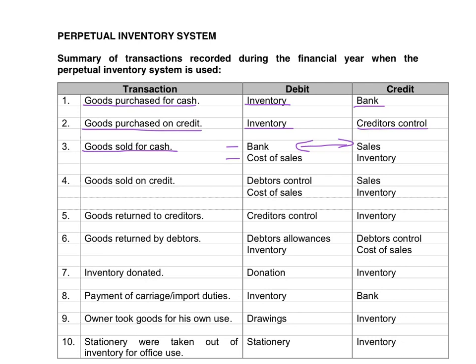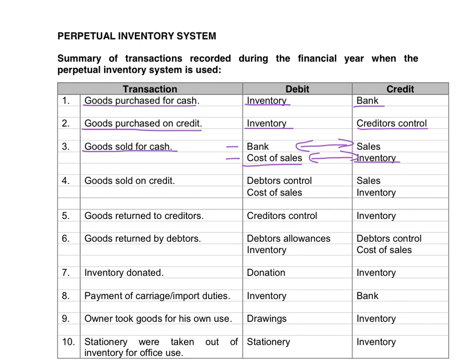Then a second entry will be completed for cost of sales to increase the expense for the goods that was purchased with the purpose of selling, and we say the cost price of goods already sold will be debited with the cost price.